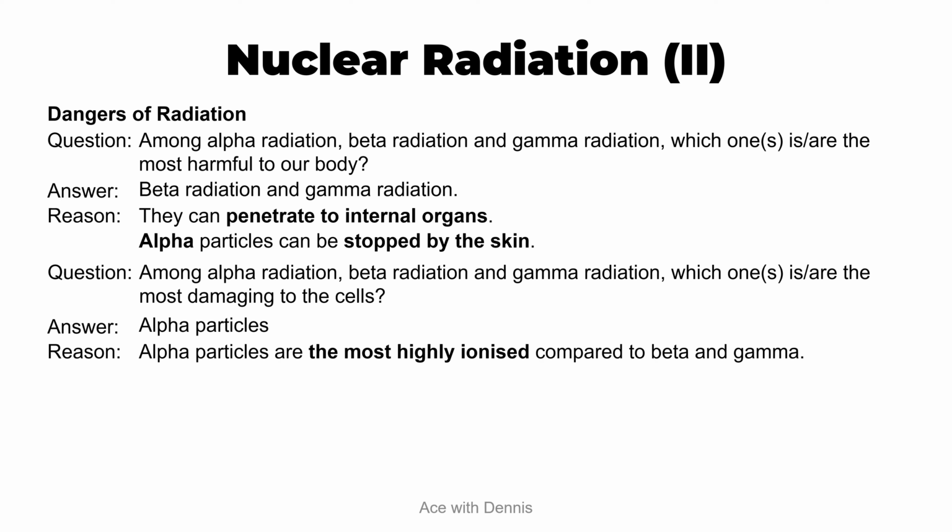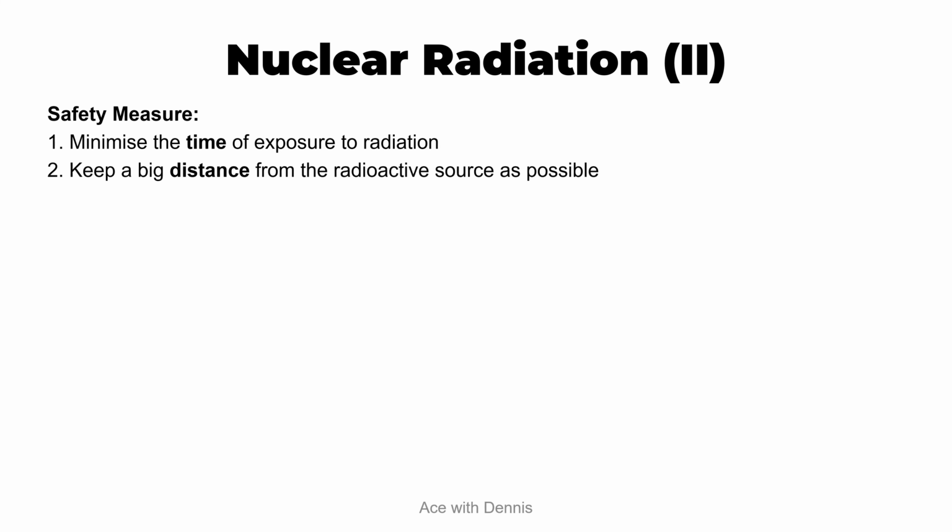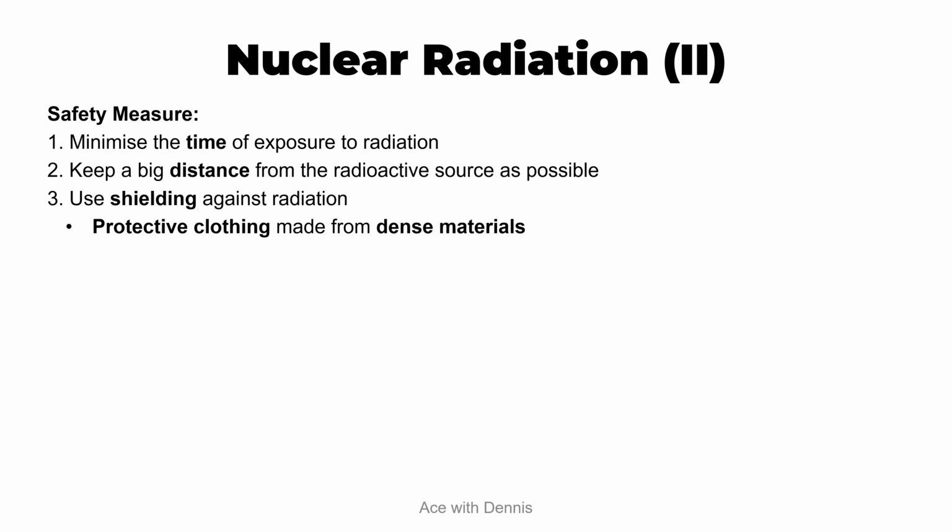Here are a few safety measures that we can take to minimize the danger of radiation. First, we minimize the time of exposure to radiation. Second, we keep as big a distance from the radioactive source as possible. Third, we can use shielding against radiation. For example, we can wear protective clothing made from dense materials, such as lead.